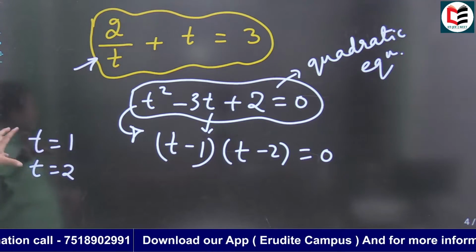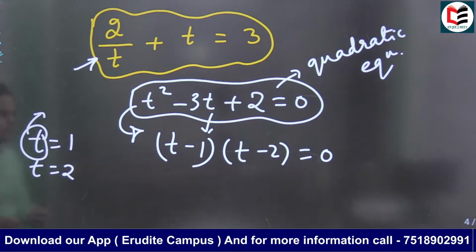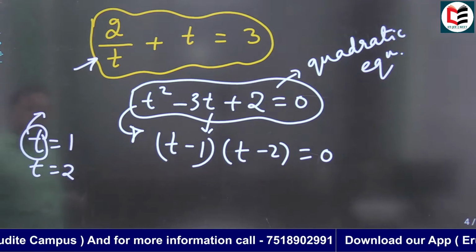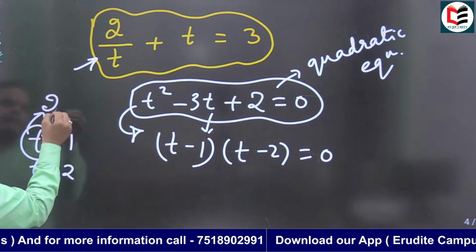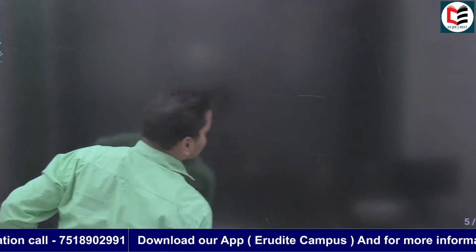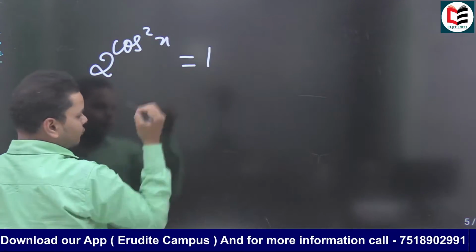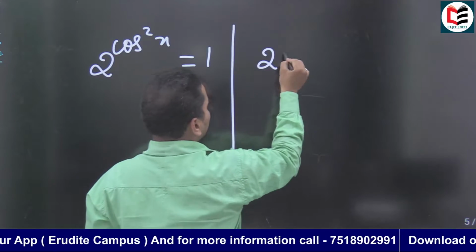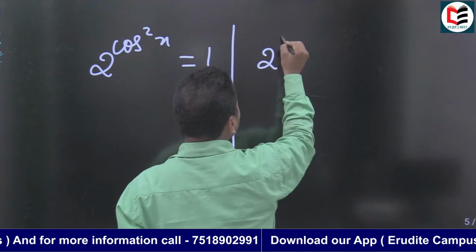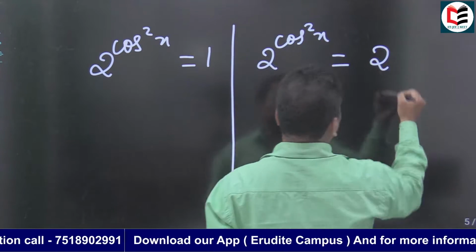But this is not the exact value, because t is the substituent term. What we have substituted with t is 2 to the power cos square x. So after finalizing our answer, we get 2 to the power cos square x equal to 1, this is our first solution, and 2 to the power cos square x equal to 2.